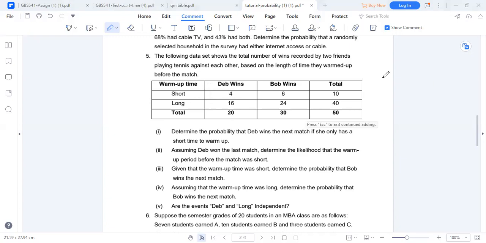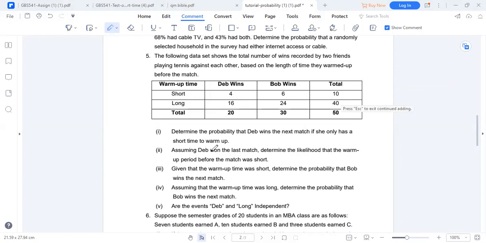So we're going to read as follows. The following table shows the total number of wins recorded by 2 friends playing tennis against each other, based on the length of time they warmed up before the match. So I must also submit to you that English is a prerequisite for this course. You should have passed English to be in this class.